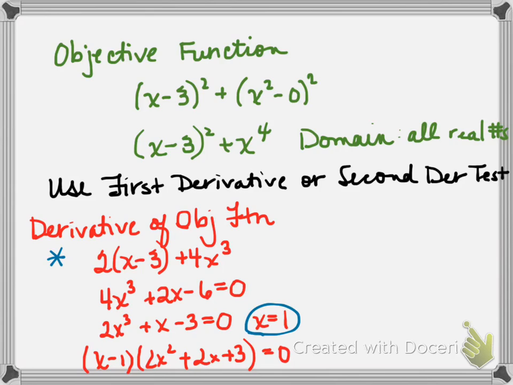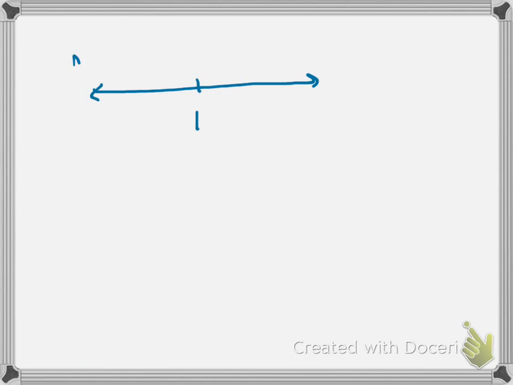It's the only solution to this equation. Okay. So we make a number line for our first derivative, and we're going to choose values on either side.